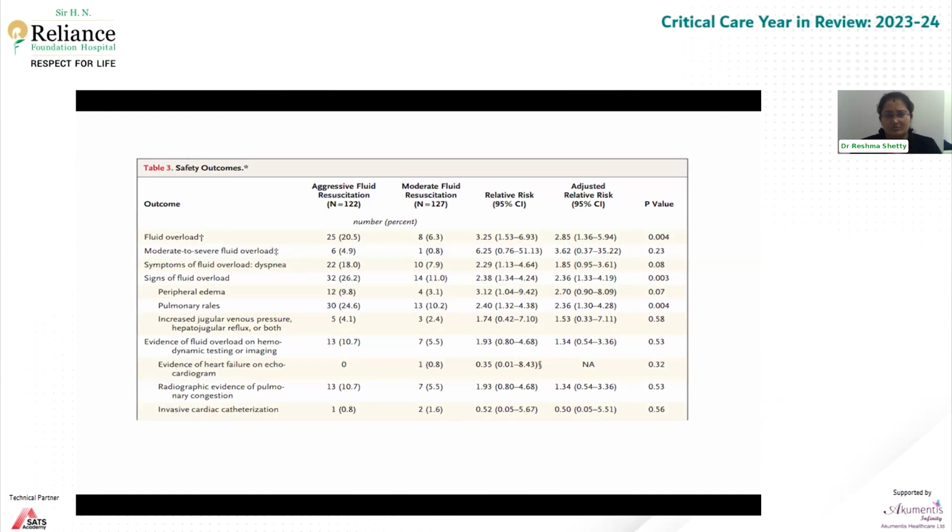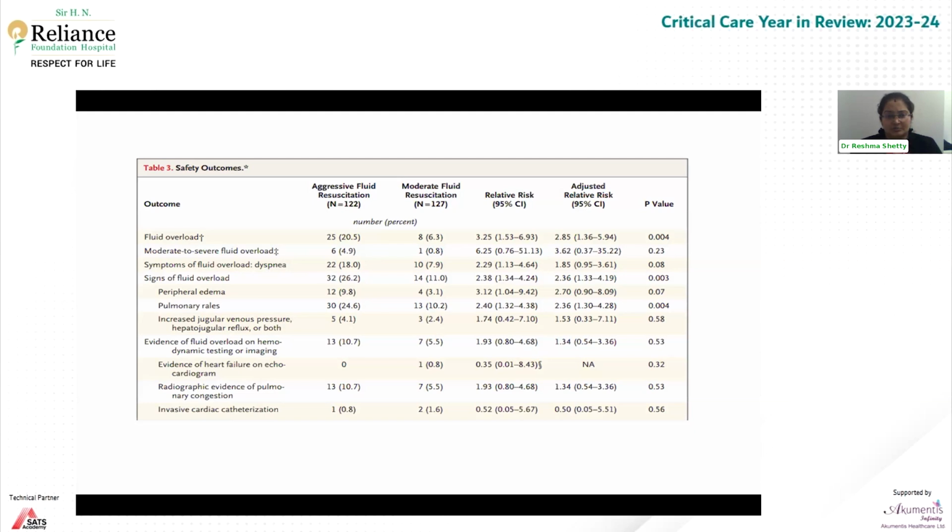So for the safety outcomes, they looked clinically and radiologically. Signs were seen in terms of dyspnea, peripheral edema, pulmonary rales, increased JVP, or on imaging, signs of heart failure on echo, and pulmonary congestion radiographically.